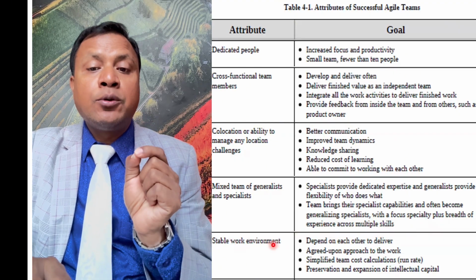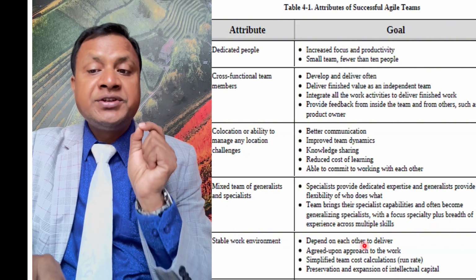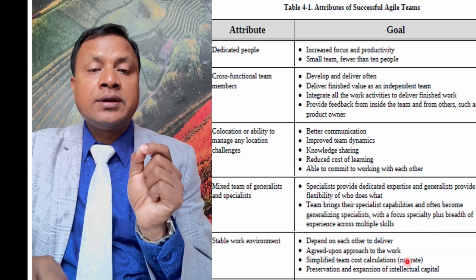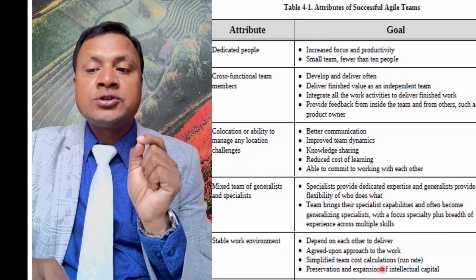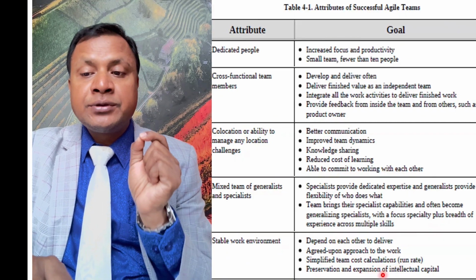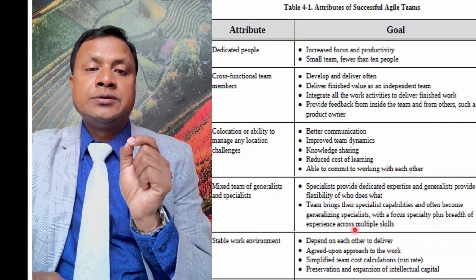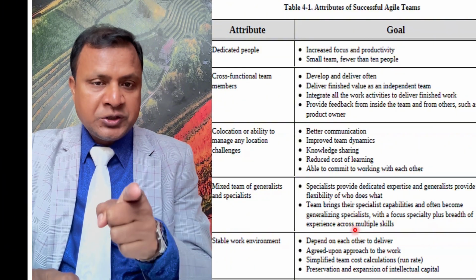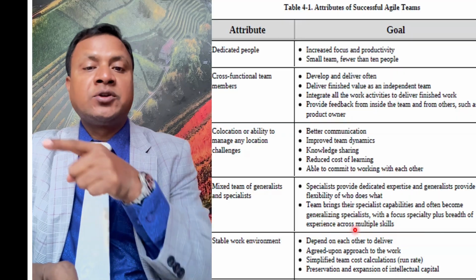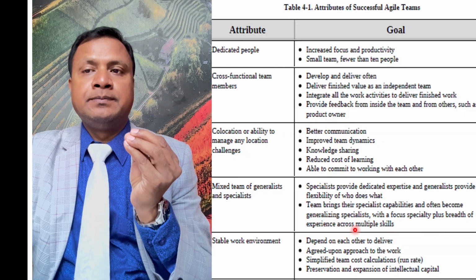So they have a stable work environment. They depend on each other to deliver. They agree upon each approach to the work. They simplify team cost calculation, run rate, and preservation and expansion of intellectual capital is also there. So a specialist in one specific task who also has general knowledge in other aspects of the task, these sort of members are encouraged in an agile team.